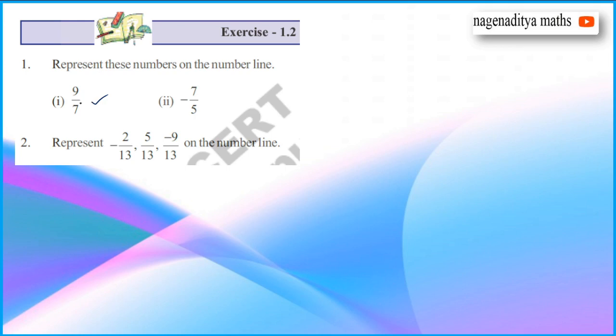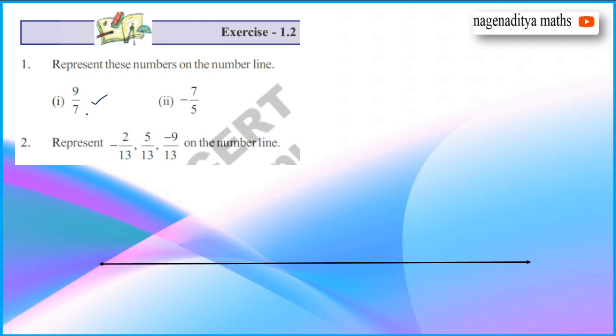Next, the denominator is 7 here, so we add 1 to 7, that is 8. First we draw a horizontal line, and after that we draw 8 vertical lines.